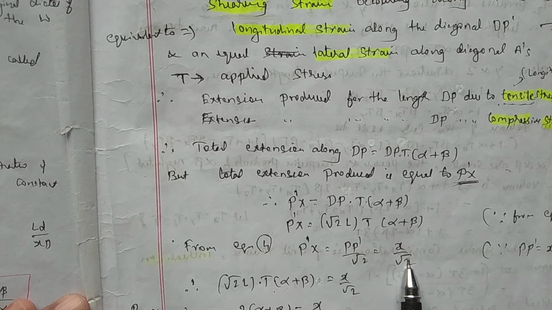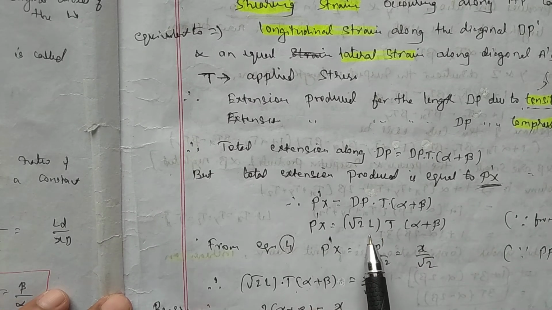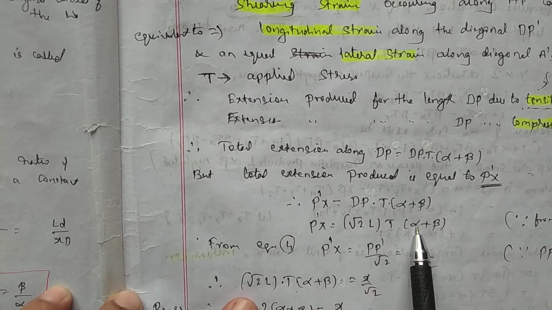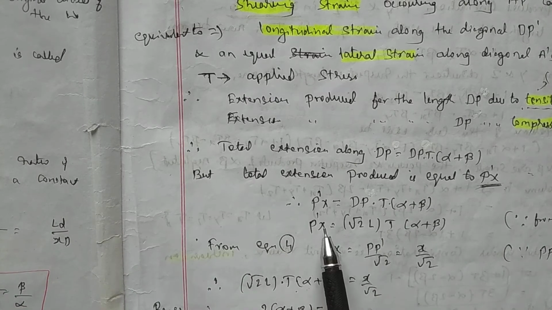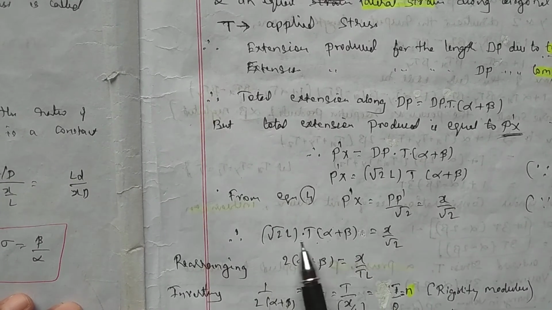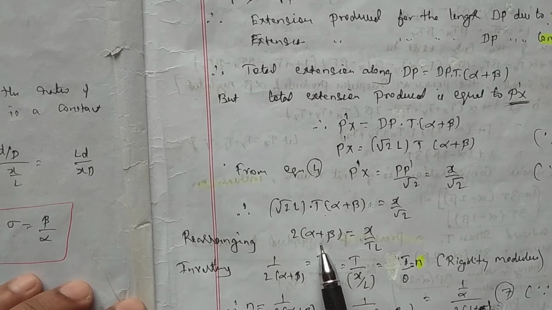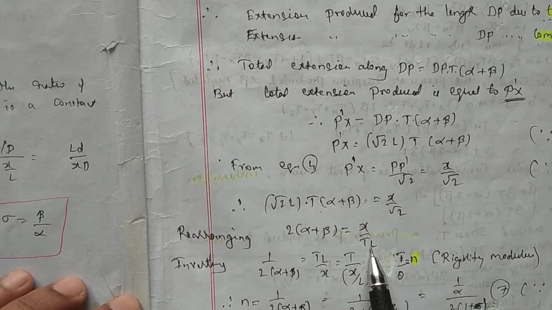So P dash X is equal to x by root 2. Now making this the RHS, root 2 L into T into alpha plus beta is equal to x by root 2. Rearranging and simplifying, we get 2 into alpha plus beta is equal to x by TL.